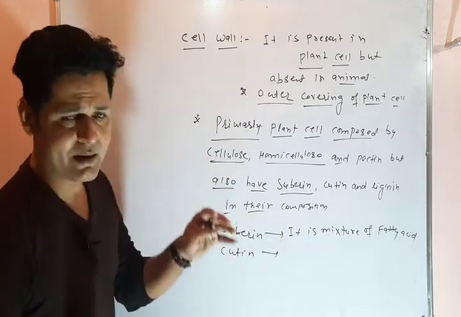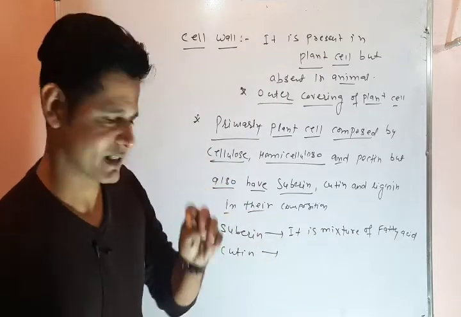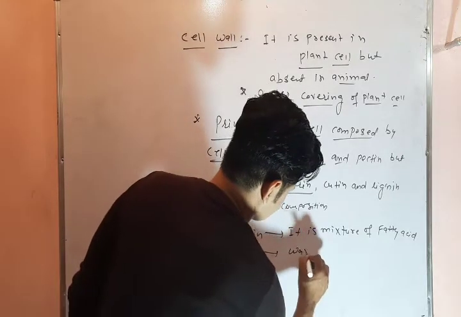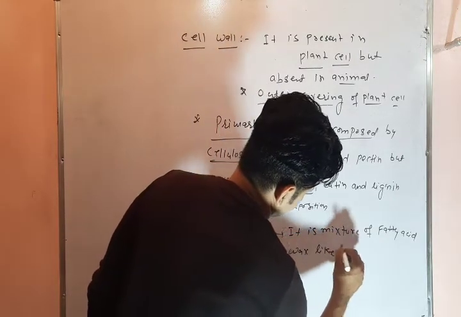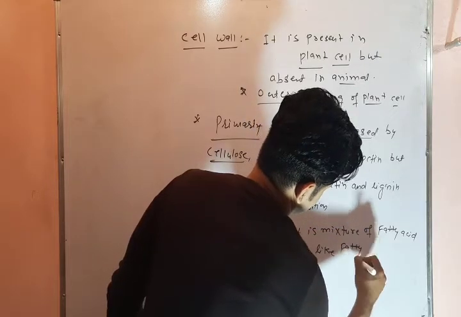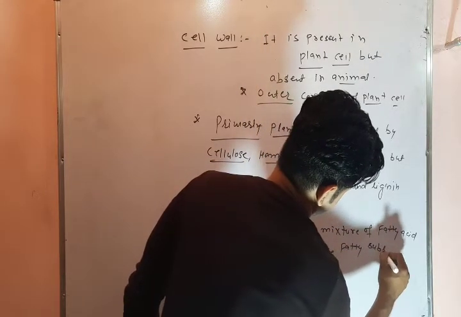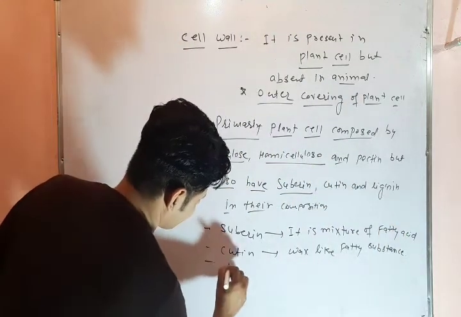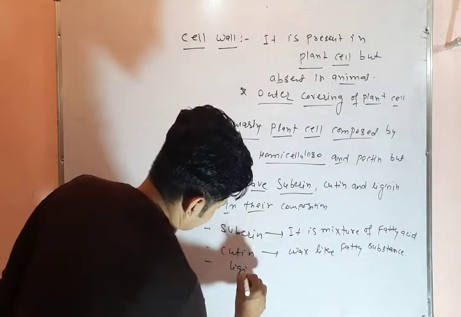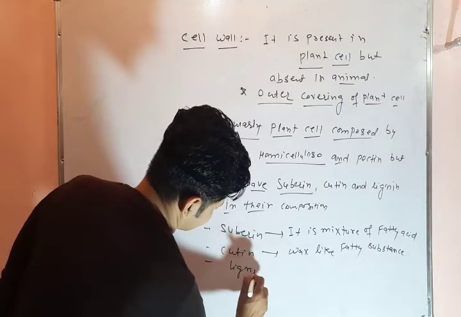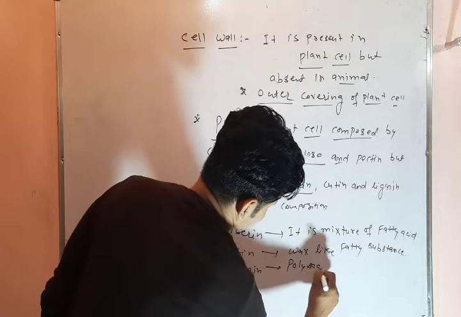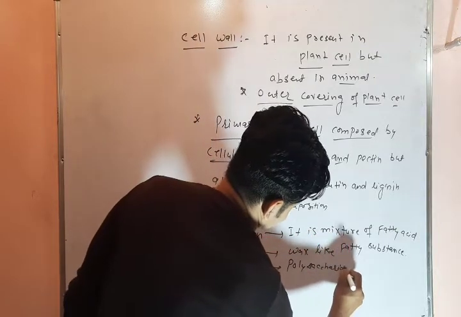Cutin is also a fatty substance but wax-like. And lignin is a polysaccharide in its structure.